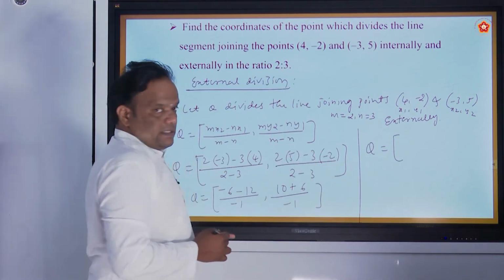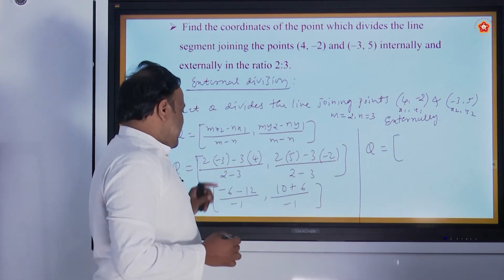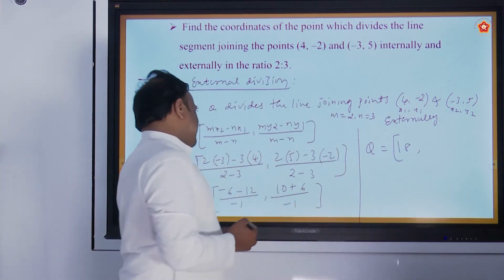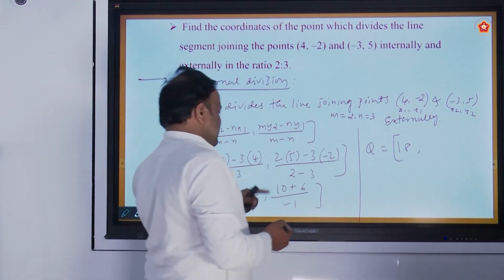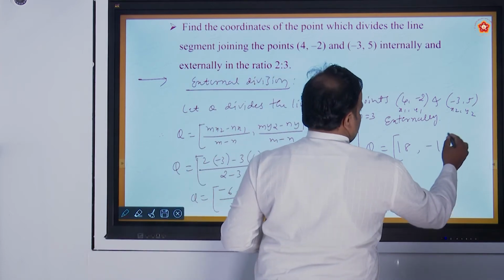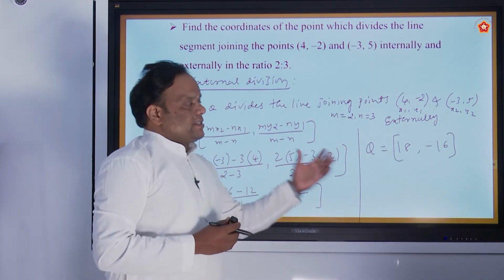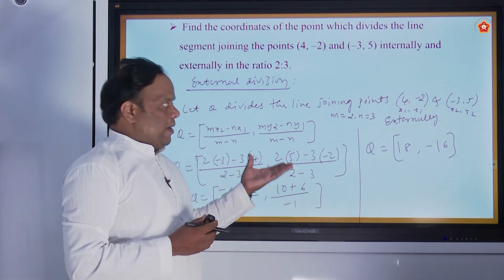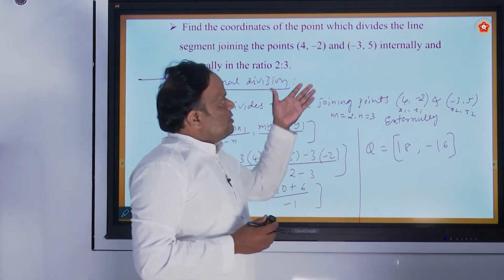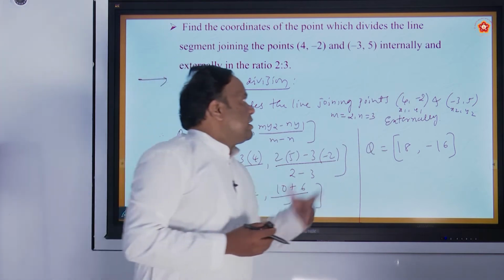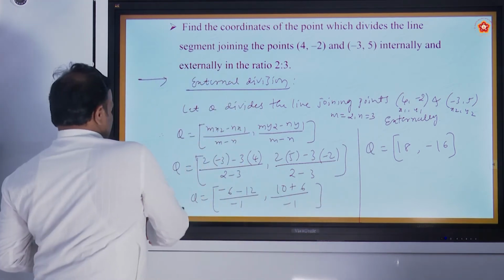Minus 6 minus 12 is minus 18, dividing by minus 1 becomes plus 18. 10 plus 6 is 16, 16 by minus 1 is minus 16. So Q equals (18, -16) is the section point dividing the line joining the points (4, -2) and (-3, 5) externally. This is the answer. Let us see the next problem.